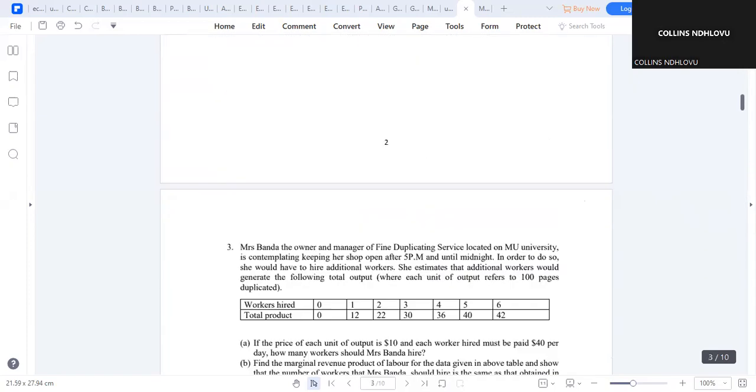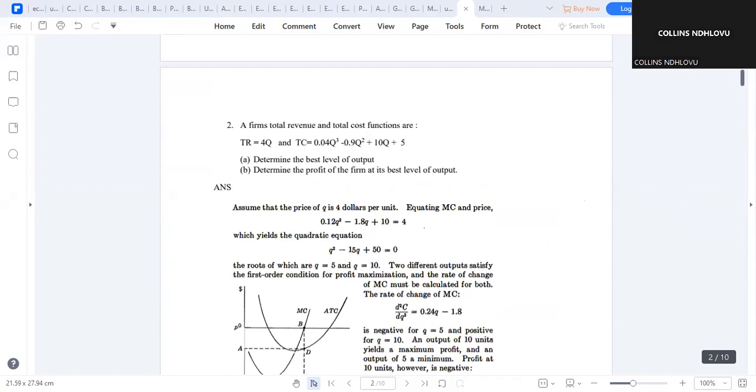Okay. Lastly, we'll look at this question here. Question number 2. We're given total revenue, we're given the total cost. We're finding the level of output and the actual profit that maximizes profit.